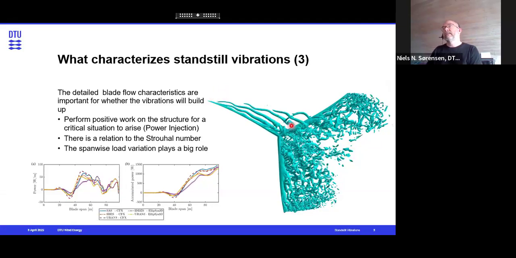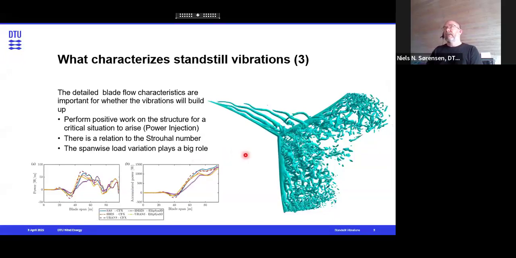And as seen here in the figure, for most standstill situations, I guess nearly all that are relevant, the three rotor blades of a three-bladed rotor will see very different flow conditions. Here we see a situation where the flow is coming from left to right over a parked rotor that is 90-degree pitched to feather. And you can see that the flow pattern around each blade is very different.